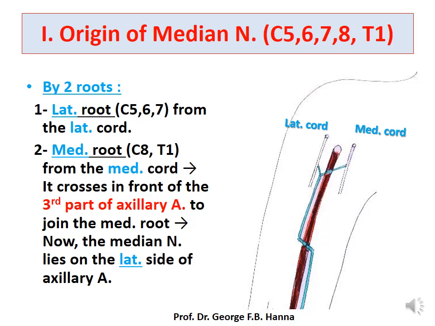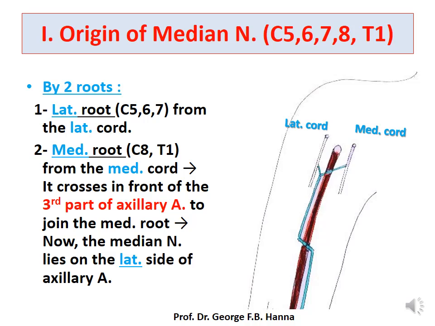by a branch, the lateral root of median nerve from the lateral cord, which takes the root value from C5, C6, C7, as well as the medial root of median nerve, which comes from the medial cord coming from C8 and T1.